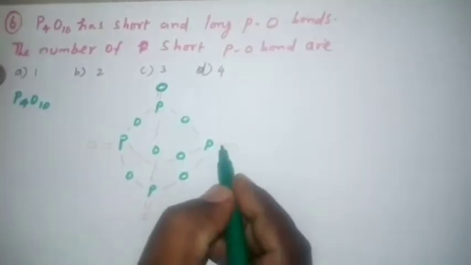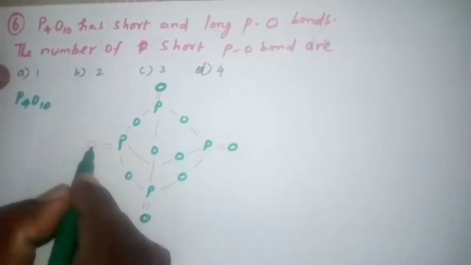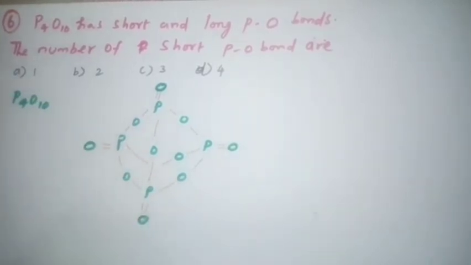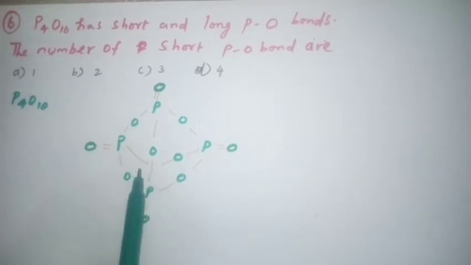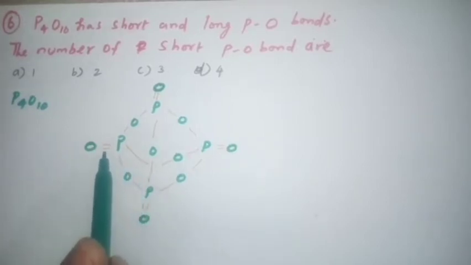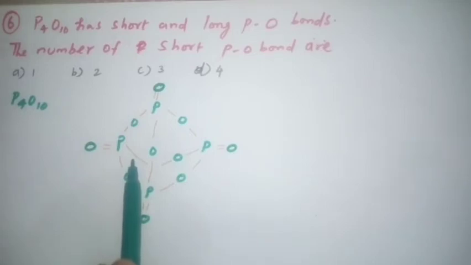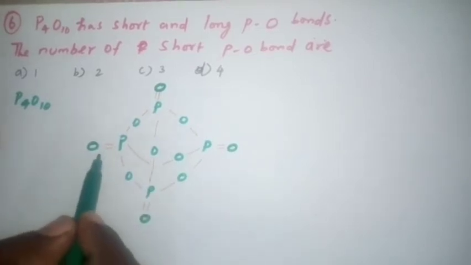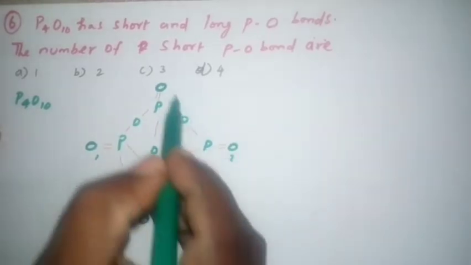So here one oxygen atom, here oxygen, here oxygen, here oxygen. See, always the double bond is shorter than the single bond. The bond length of a double bond will be shorter than the bond length of a single bond. So there are 4 double bonds: 1, 2, 3, 4.